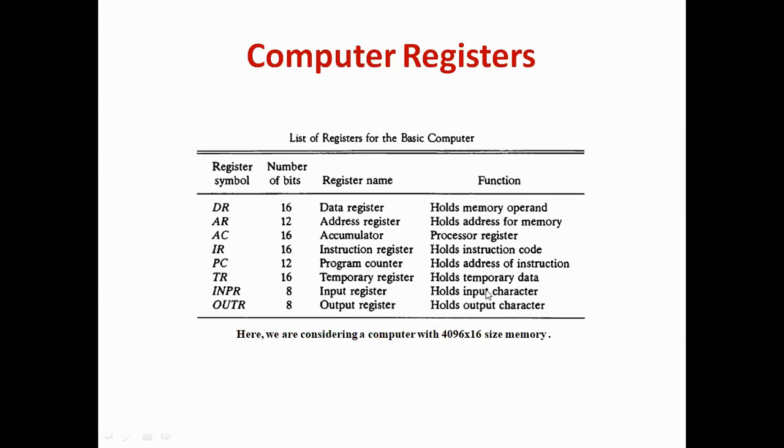A character we know is 8 bits, that is why these will be 8 bits. So these are the 8 registers of a basic computer. In a modern computer, we have a very large number of registers. Some have 32, some have 64, but these are the basic set which we require to organize a basic computer.